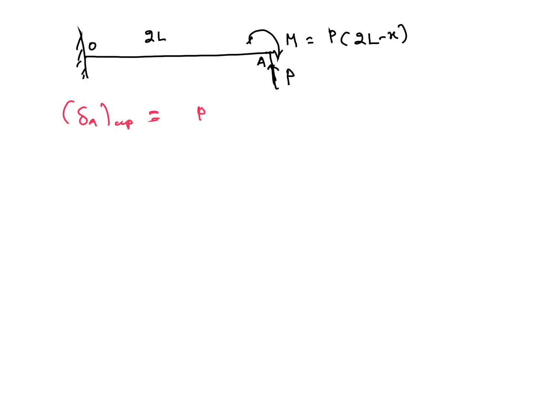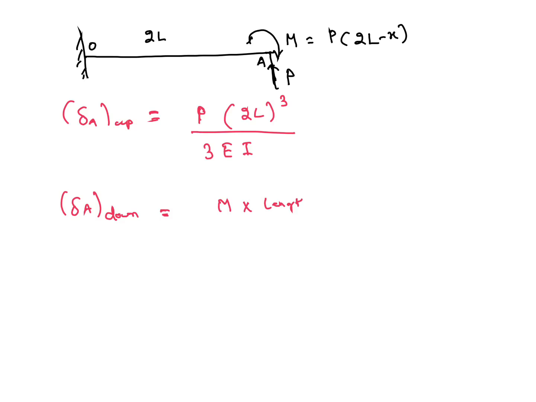P load is P, length is 2L, it's PL³ divided by 3EI. This is upward. And delta A downward, it's due to the moment, and we know it's moment into length square divided by 2EI.